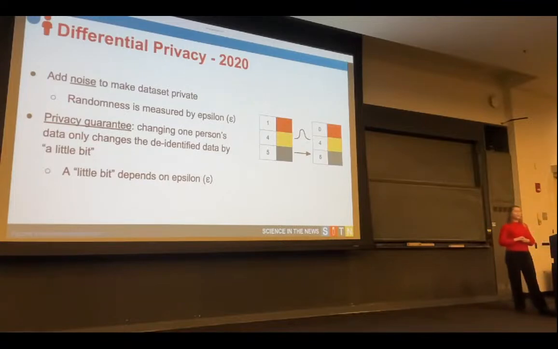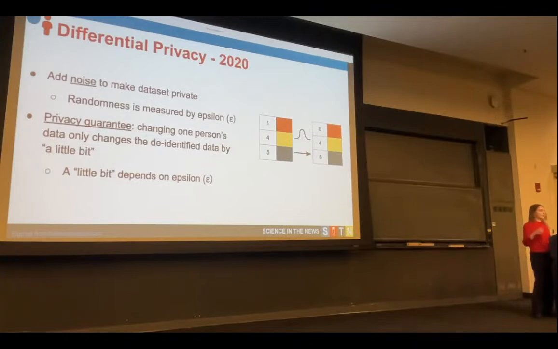So to start, we can just think about this figure here on the right. So we take tabulated data, which is the sum of counts for each category. So for example, we have 1 red house, 4 yellow houses, and 5 blue houses. So we create like an aggregated table of all of those values. And we modify each row of these tables to make the data set private. And the way that we do this is by adding noise.